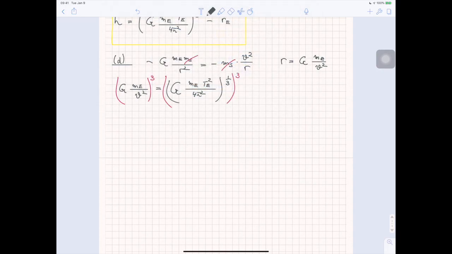So what do we find? We have G to the power of 3, Me to the power of 3, v to the power of 6 equals G Me Te squared divided by 4 pi squared.